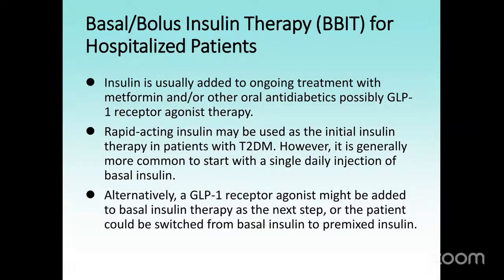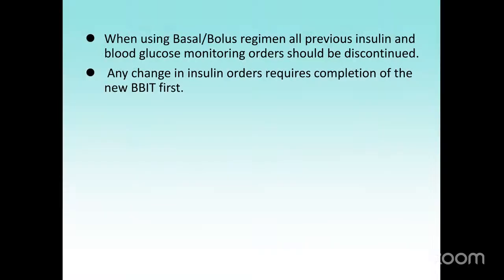However, it is generally more common to start with a single daily injection of basal insulin. Alternatively, a GLP-1 receptor agonist might be added to basal insulin therapy as the next step, or the patient could be switched from basal insulin to premixed insulin. When using the basal bolus regimen, all previous insulin and blood glucose monitoring orders should be discontinued, and any change in insulin order requires completion of this new BBIT first.